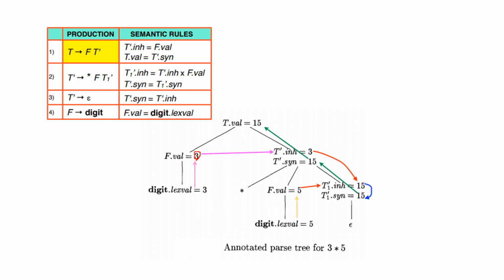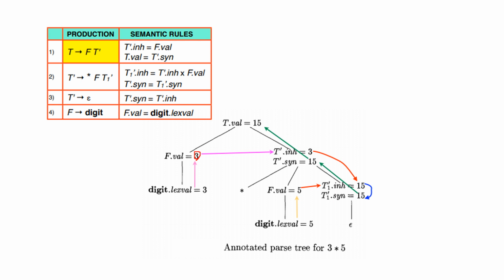Taking this production as well as its semantic rules, we have to assign star f dot val and t1 dash dot inherit and t1 dash dot synthesis, because all these grammar symbols we need.